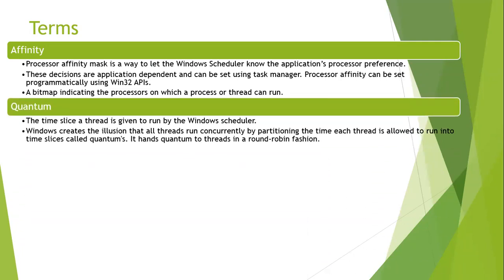So what is a quantum? Quantum is one word. It will be decided by the operating system when the thread should come out of the CPU, right? In the earlier example, we discussed yielding, right? So when the thread will yield from the CPU.